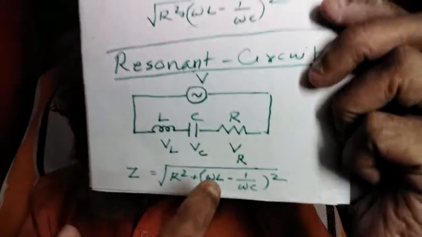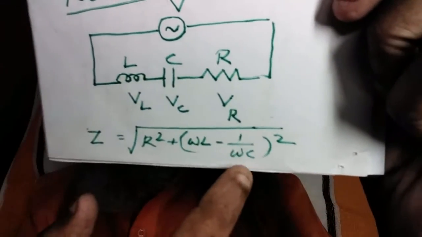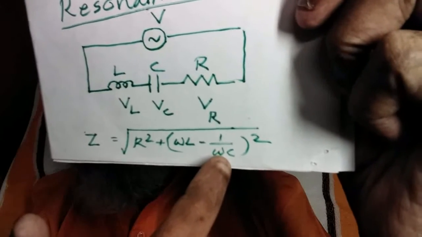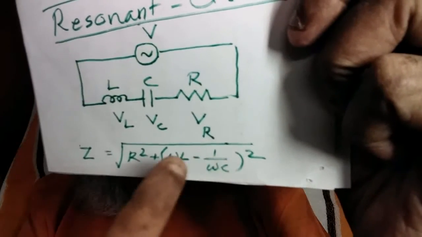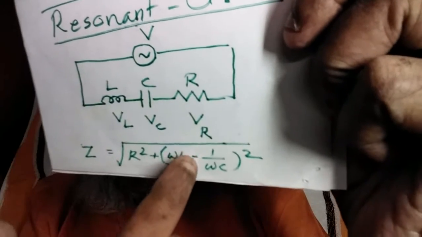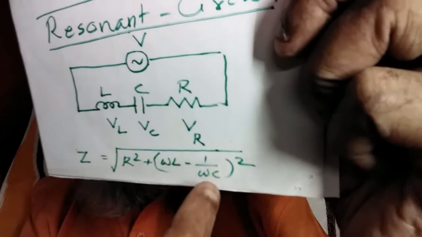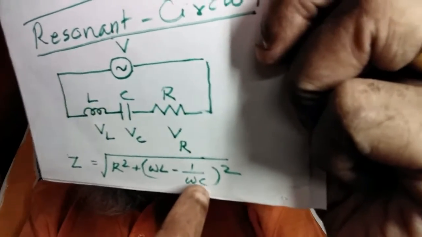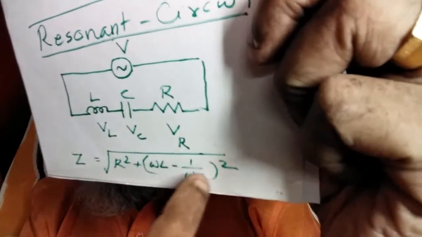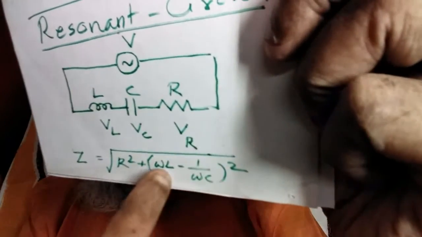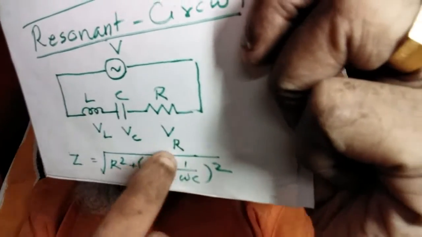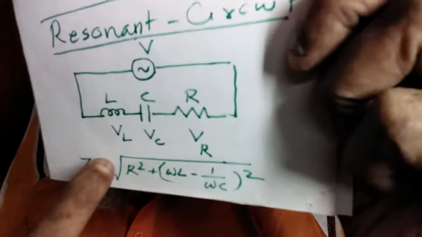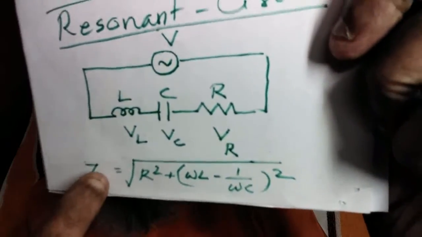Now at lower frequencies, for low frequency ACs, omega is small. That means omega L is small, but 1 by omega C becomes large because omega is small. So at lower frequency, the term within the brackets becomes large. So Z is also large.